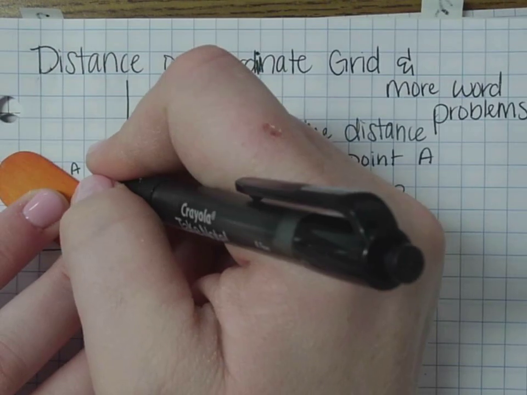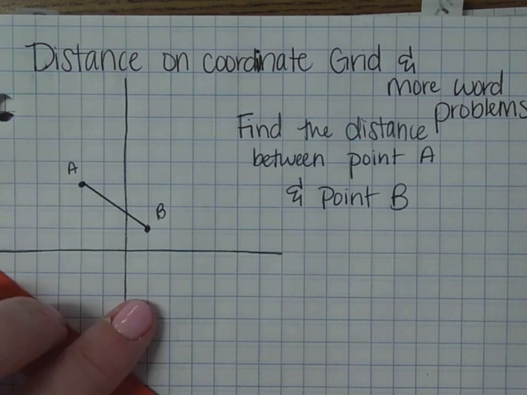A straight line from point A to point B. That would be the shortest distance.